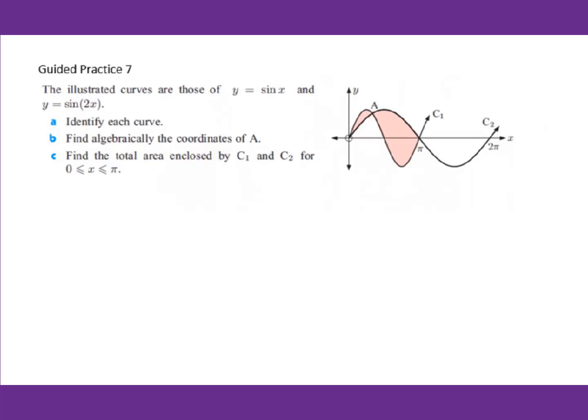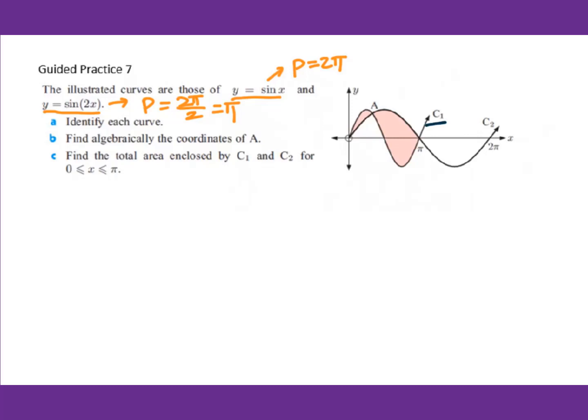The illustrated curves are those of y equals sin x and y equals sin 2x. Identify each curve. For y equals sin x, we know the period equals 2 pi. For y equals sin 2x, the period equals 2 pi over 2, that equals pi.